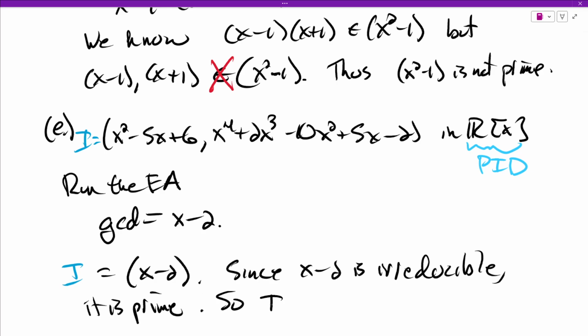So I is prime because it's an ideal generated by a prime element. Even though, for example, x squared minus 5x plus 6 is not prime, it factors, right, as x minus 3 times x minus 2. And this guy also, I think, probably has an x minus 2 hiding in it because the GCD is x minus 2. So both of our guys factor. Nevertheless, the ideal that they generate together is a prime ideal.